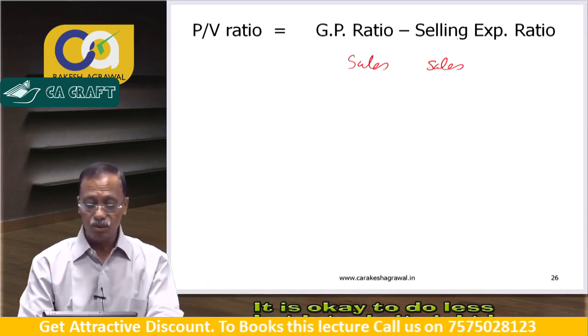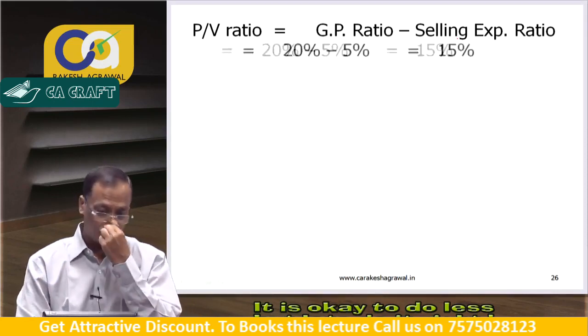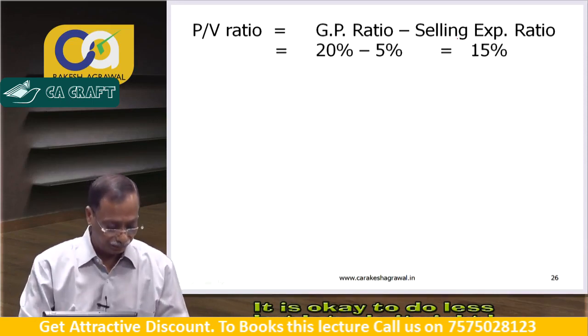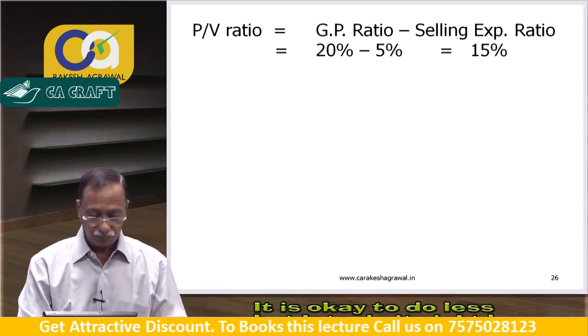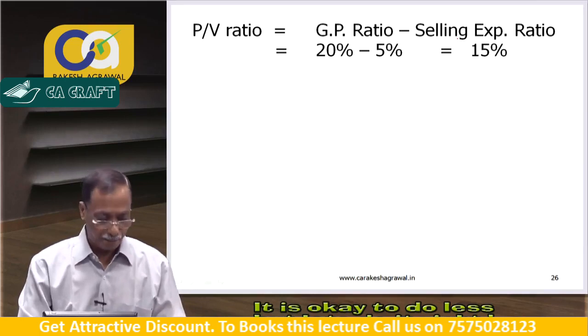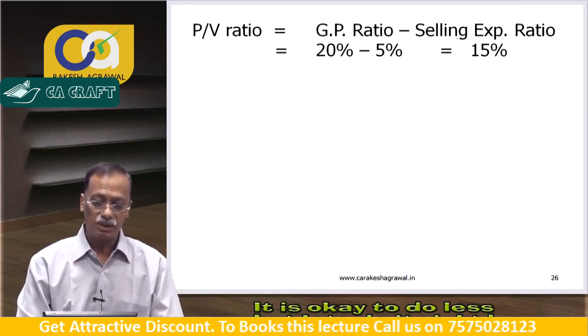If the base is the same, then only you can do it, otherwise you cannot. It is equal to 20% minus 5%, which is 15%. 15% is PV ratio. So conversion of gross profit ratio into PV ratio we have done.